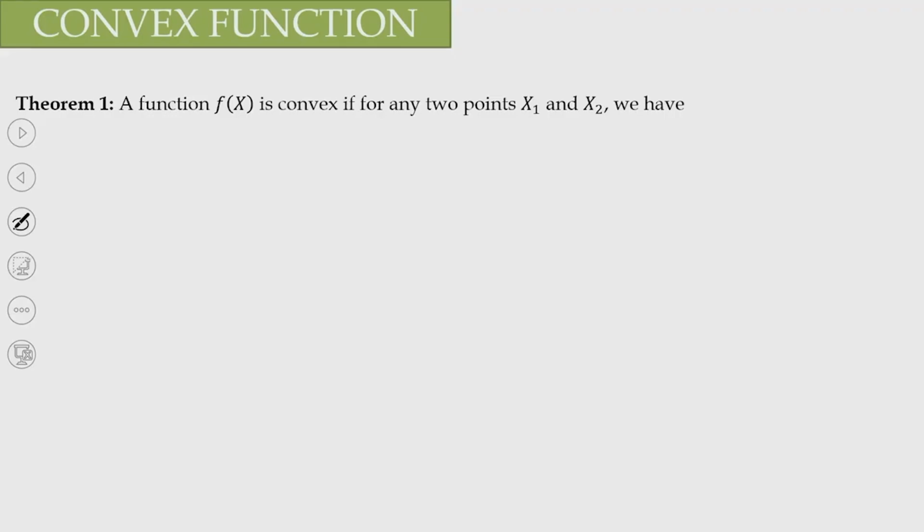Okay. So, theorem 1: a function f(x) is convex if for any two points x1 and x2 we have that f(x2) is greater than or equal to f(x1) plus del f(x1) into (x2 minus x1).